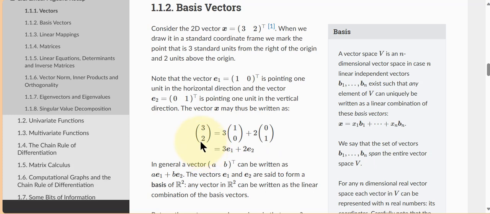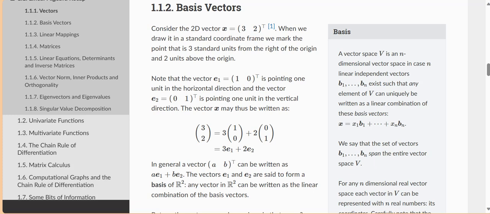I don't have to think about how to express 3, 2 as what we call a linear combination of these other two vectors. It's just 3 and 2. I have to multiply this by 3 and this by 2. Now, if we tried to do it with the blue and the yellow, it's not going to be so clean.